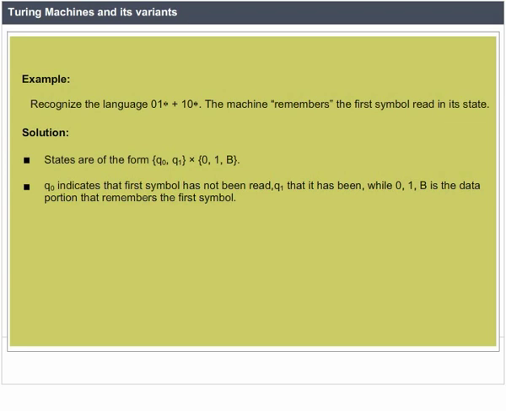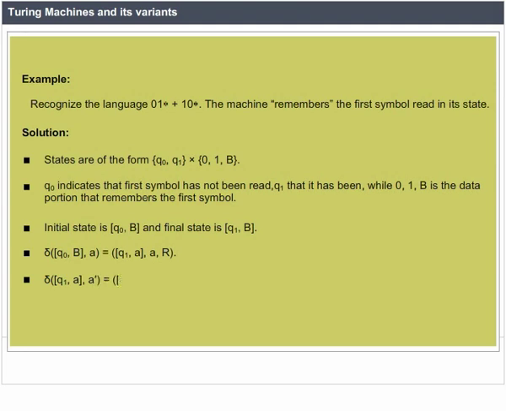Initial state is [q0, B] and the final state is [q1, B]. δ([q0, B], a) = ([q1, a], a, R). δ([q1, a'], a'') = ([q1, a'], a'', R), where a' ≠ a''. δ([q1, B], B) = ([q1, B], B, R).